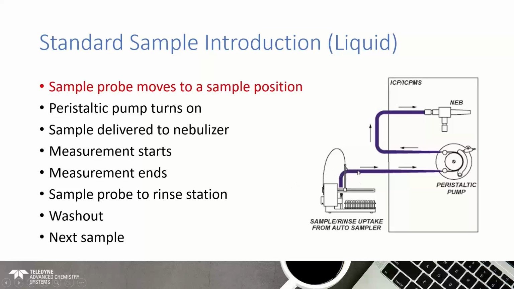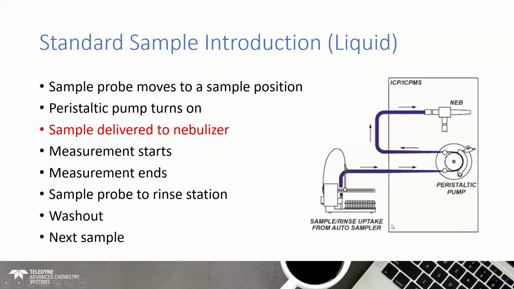In the case of the automation, the sample probe moves to a sample position, or a standard position, or a blank, but it will go to a certain position, say a sample position in this case. Next, the peristaltic pump turns on. That's the pump that's typically on the instrument. It will pull sample from the automation, following the arrows of this pathway, and ultimately the sample will be delivered to the nebulizer.